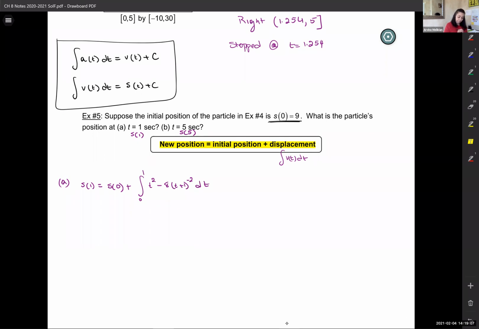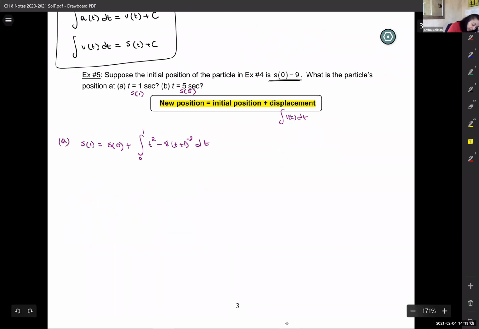So this is s of 0 plus t cubed over 3. And then here, I add 1, so it'll be to the power of negative 1. So plus 8 over t plus 1 from 0 to 1.